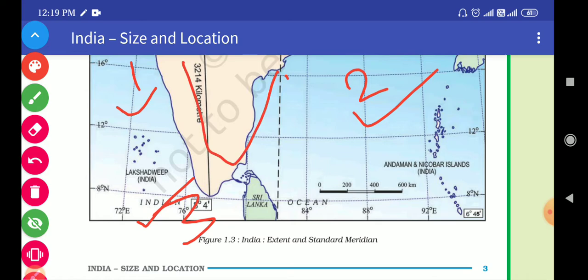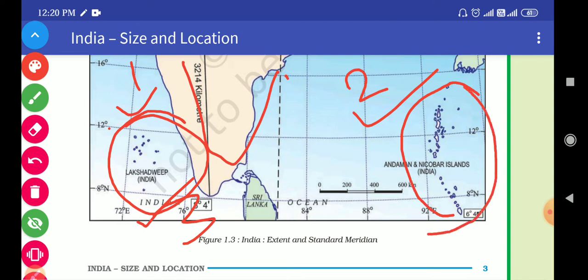So what we are observing here is that the southern part of India has extended into the Indian Ocean, which divides the water bodies, forming the Arabian Sea to the west and the Bay of Bengal to the east. In the Arabian Sea we can find a group of islands, and in the same manner in the Bay of Bengal we can find groups of islands.